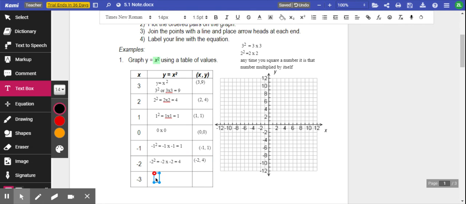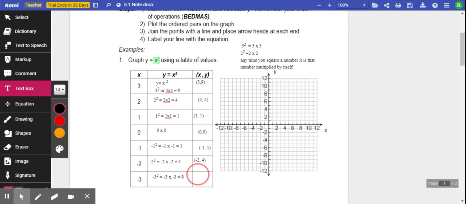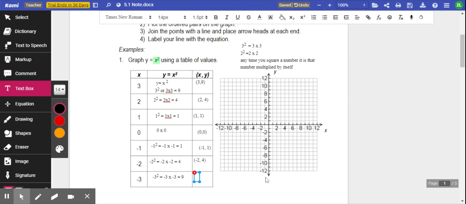And the last one here, we have negative 3 squared, or negative 3 times negative 3, which will give us 9. So in this case, we know once again negative 3 being our x and 9 being our y.